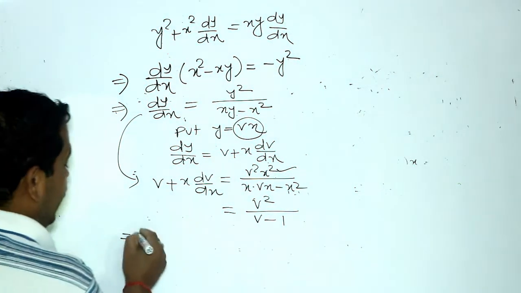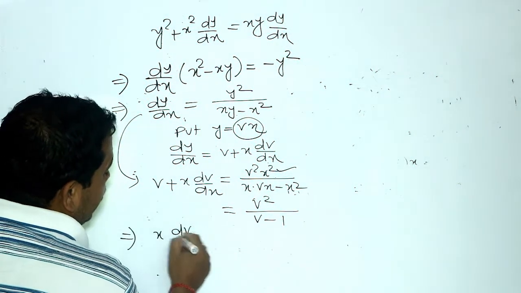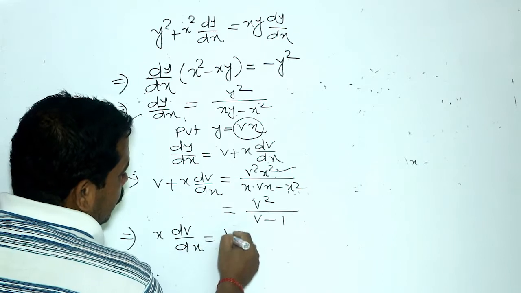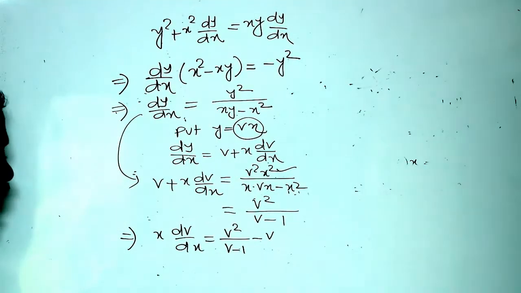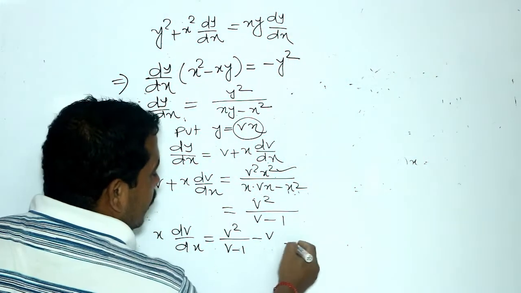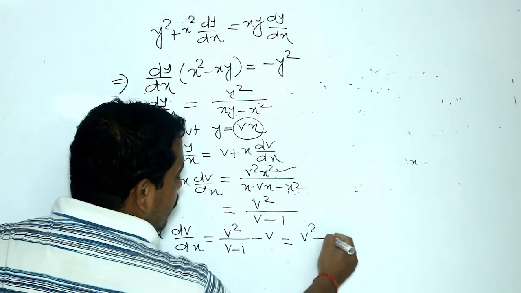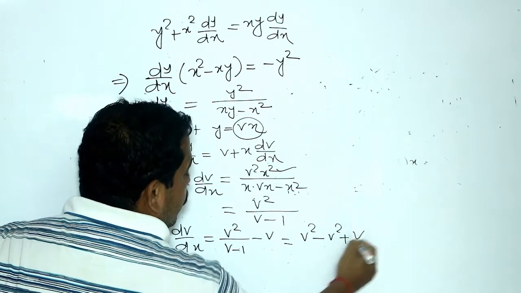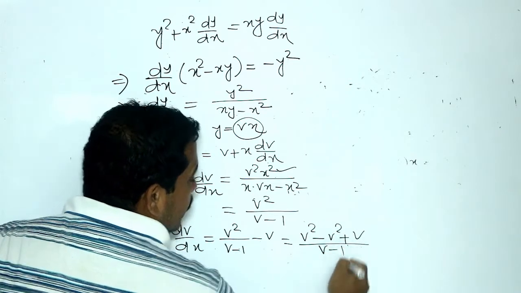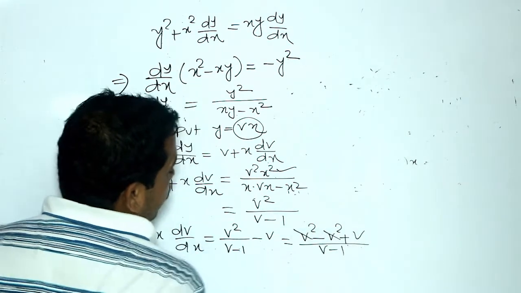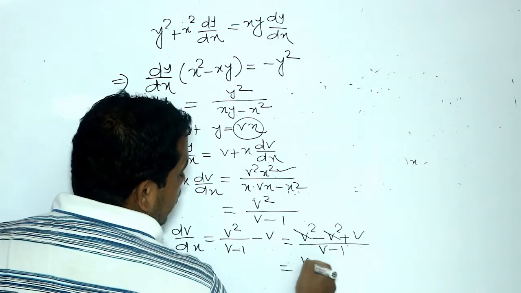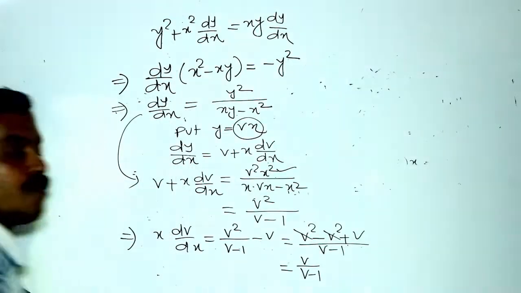Then you have to find x into dv by dx, which will give v square by v minus 1 minus v. Then after simplification, the right hand side becomes v square minus v square plus v by v minus 1. Then the numerator cancelling v square and minus v square, the right hand side becomes v by v minus 1.